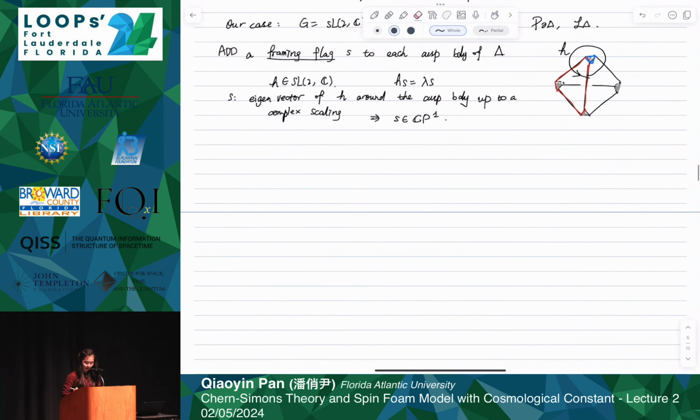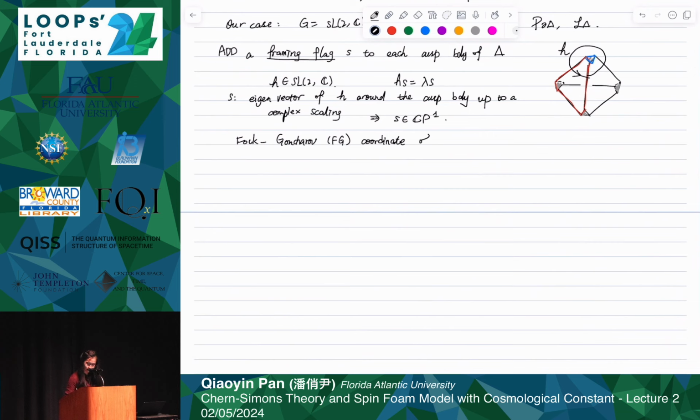So, why do we want to introduce the framing flag? It's because it allows us to define a very convenient coordinate of this phase space. This coordinate is called the Fock-Goncharov coordinate, which I will call the FG coordinate.